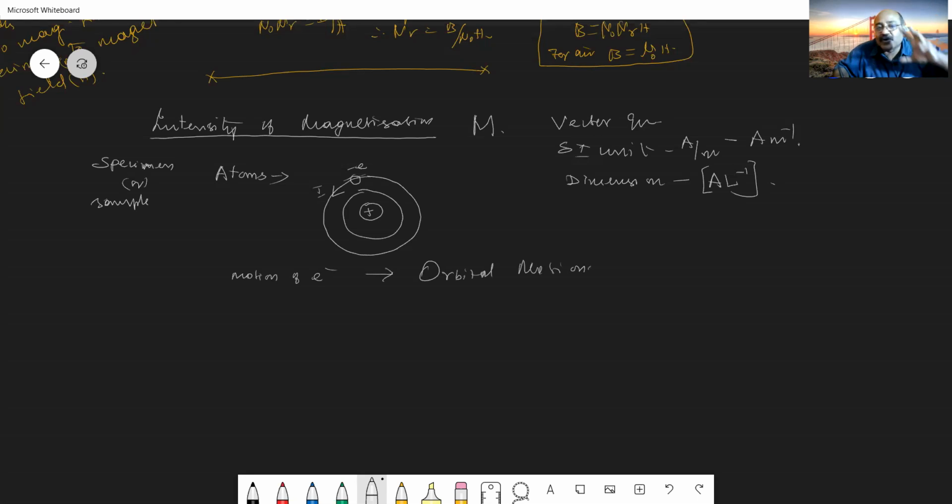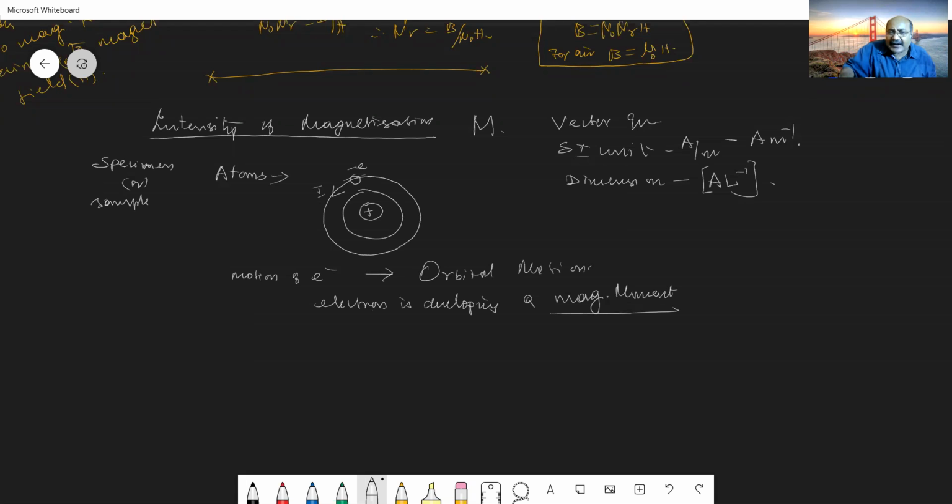Due to that orbital motion, the electron is producing a magnetic moment. This is the Ampere language; due to current only you are able to get magnetism. So due to the orbital motion of the electron, the electrons are developing a magnetic moment.